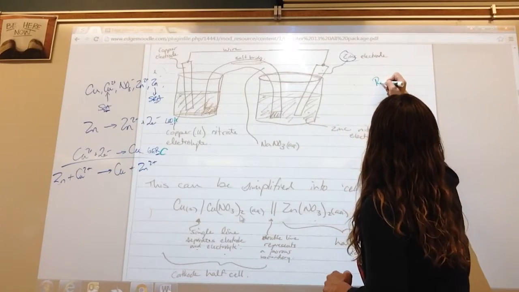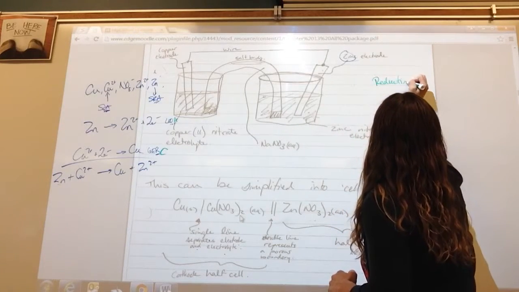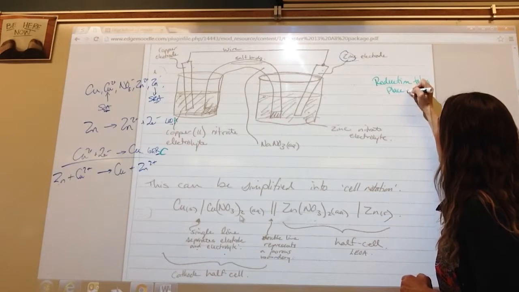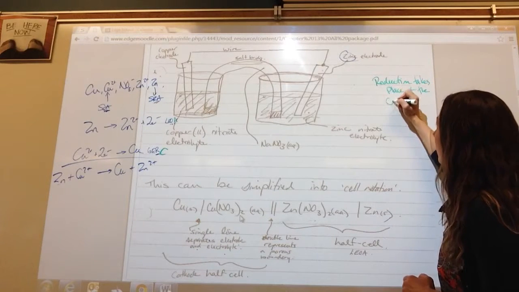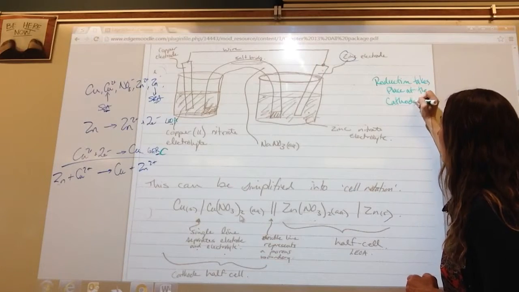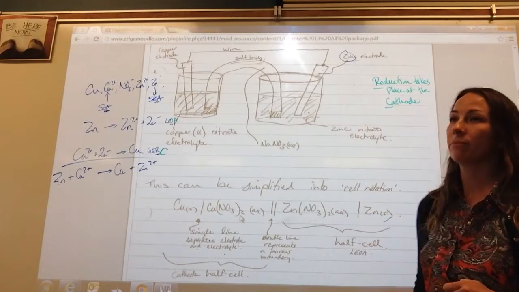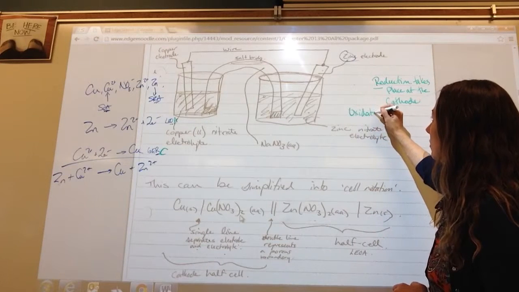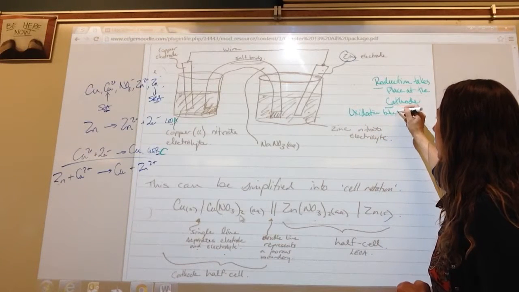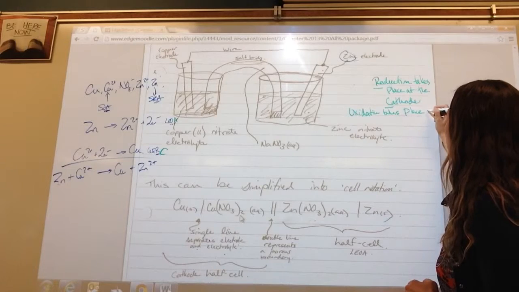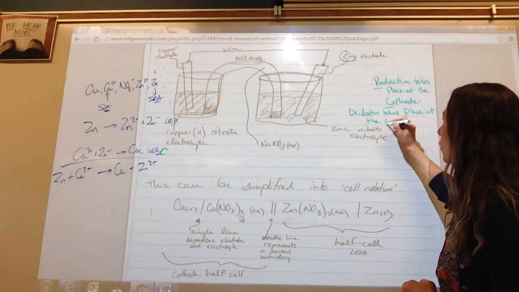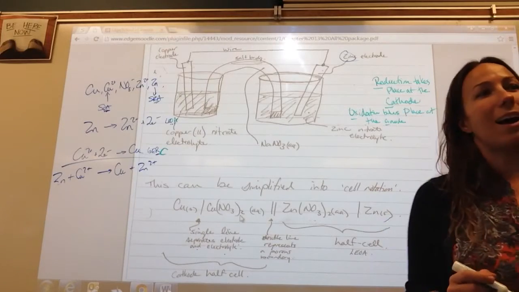So reduction takes place at the cathode, GERC, and oxidation takes place at the anode, which is your LIOA.